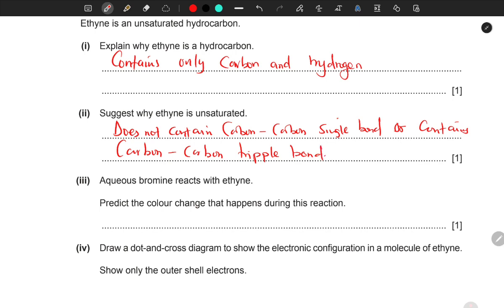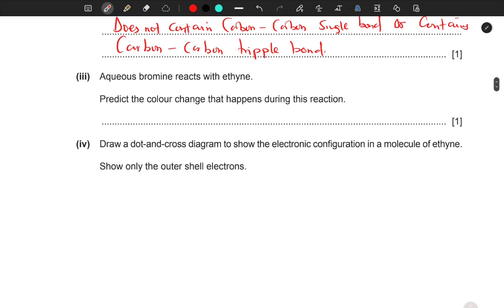The other way you can say, for something to be unsaturated, it means the carbon atoms are not fully bonded to hydrogen atoms because there's a shortage of hydrogen atoms.